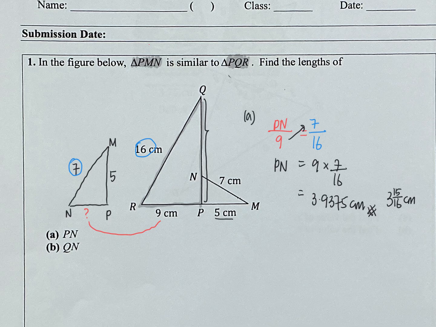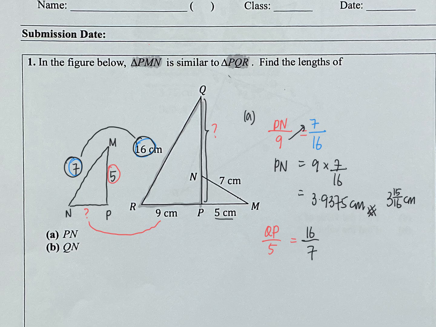Part B, I want to find QN, which is part of the full length. But never mind, we will compare first. So we will find QP first. So the whole QP over 5 should be the same as 16 over 7. The ratio of the matching side.